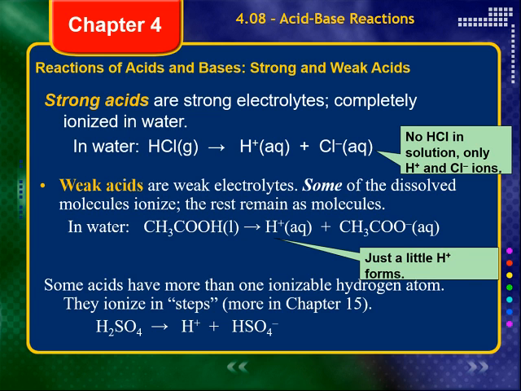Because remember, sulfate has a -2 charge. If I only have one H+ to balance that out, I have an overall -1 charge. I've donated one proton. After that, that HSO4- is going to donate the second proton. And so I will have donated 2 protons, and now I have a sulfate anion in solution.